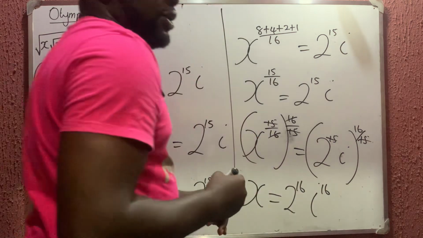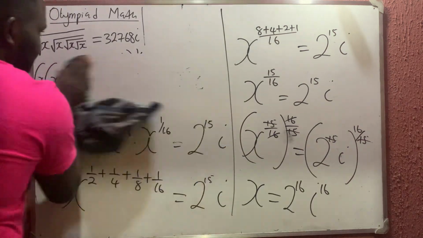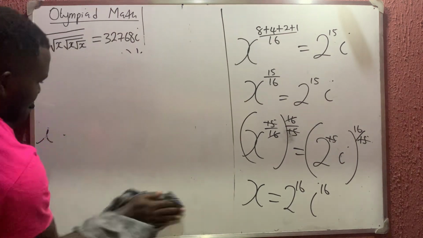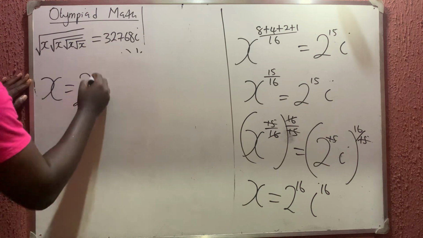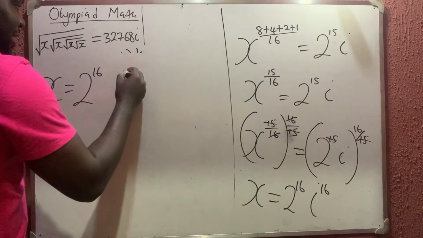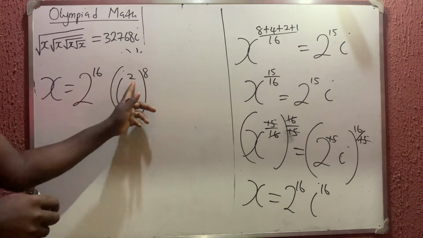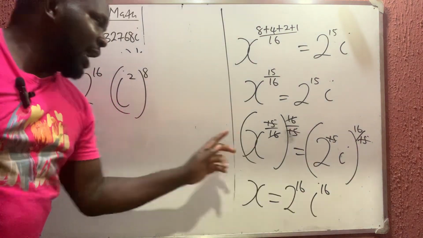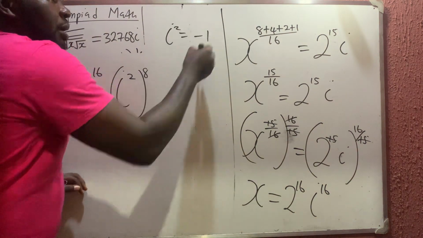Now let us see what i to the power 16 is. Permit me to clean here. It is equal to i squared, all raised to power 8, and i squared is equal to what? Minus 1.